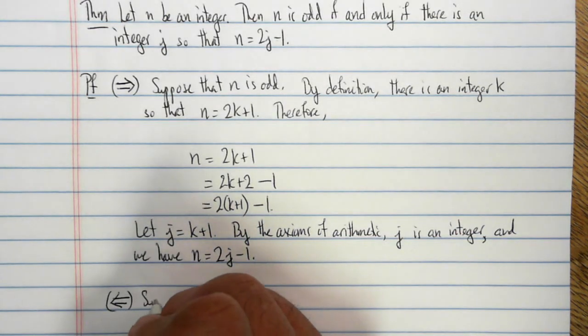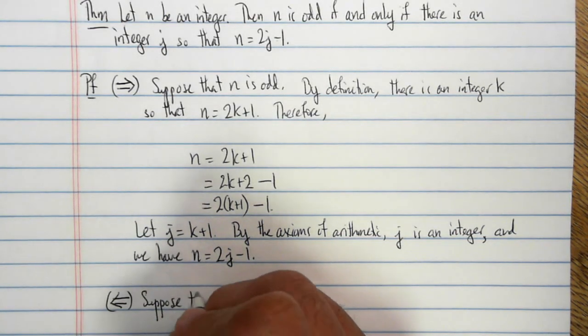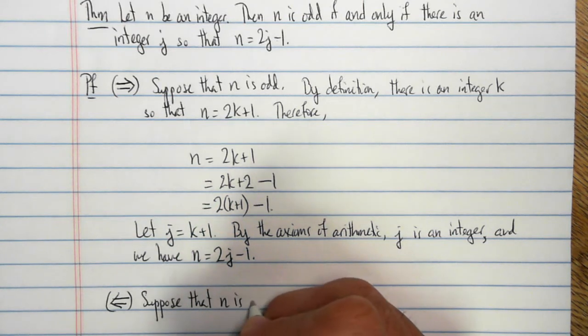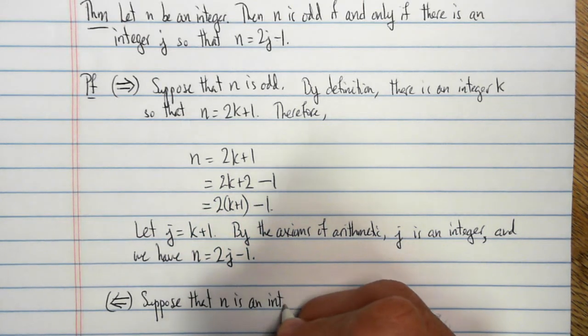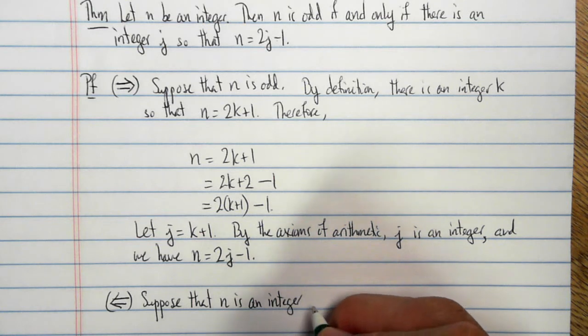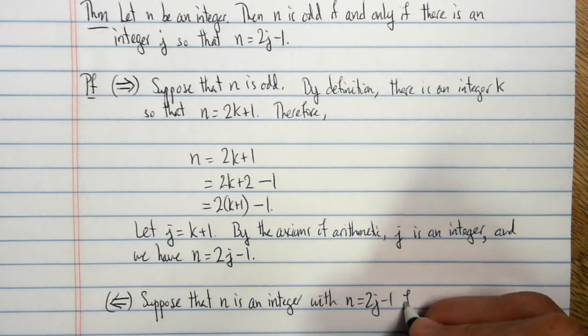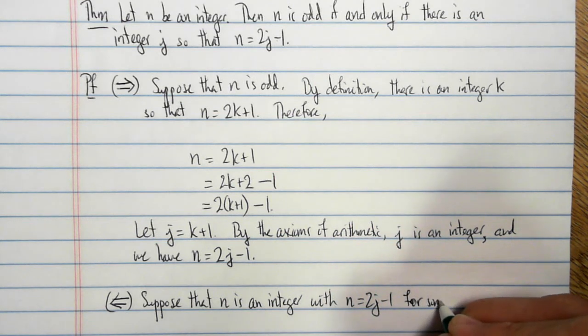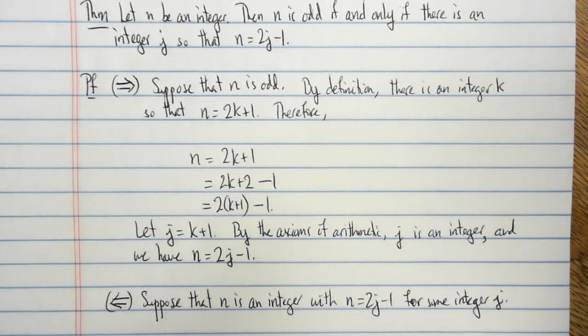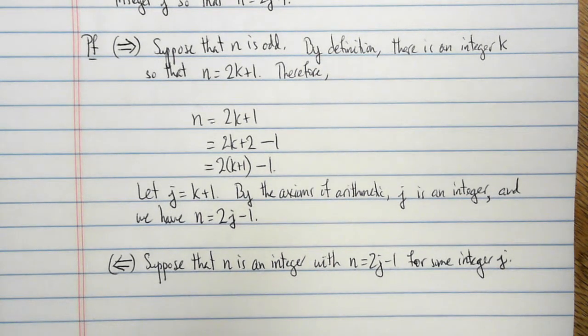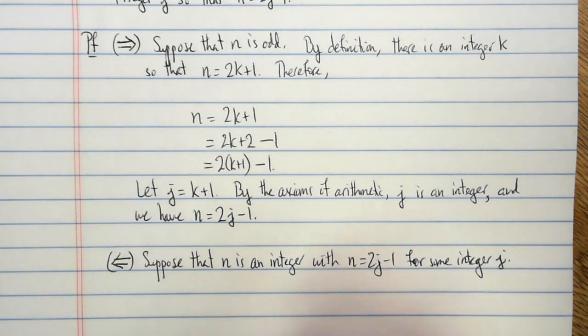So suppose that n is an integer with n equal to 2j minus 1 for some integer j. Okay, so suppose that n has the required form, 2j minus 1, where n is an integer. I want to show that this n is also odd.